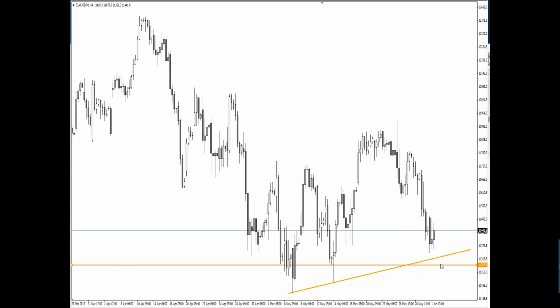So guys, look at this. It can jump from this level. DAX is very, very volatile, so I'm not trading it. But judging from price action, this could be a previous double bottom trend line confluence around 11,280. You could see long trades, but be very careful, because DAX is an index, and indices are a group of stocks.